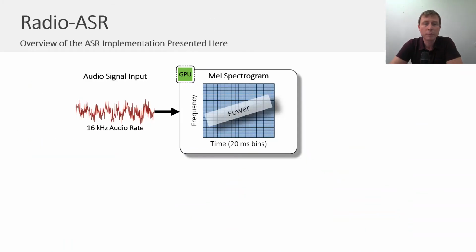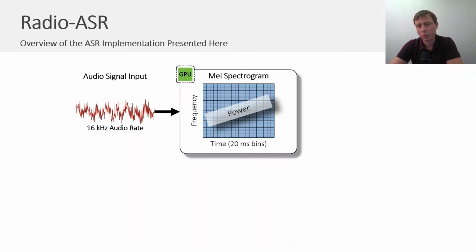So here I'm showing kind of the overview of what the Radio-ASR algorithm does. So we have a 16 kilohertz audio rate coming in from our demodulator. And then we do our pre-processing. So that would be a mel spectrogram. If you're not familiar, a mel spectrogram, basically instead of having evenly spaced frequency bins, it divides it up into frequency bins where each bin is about what the human ear can detect.